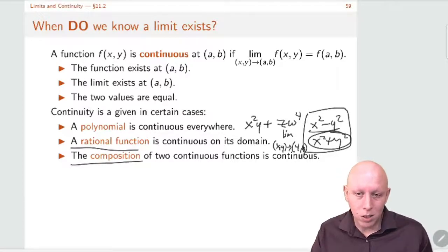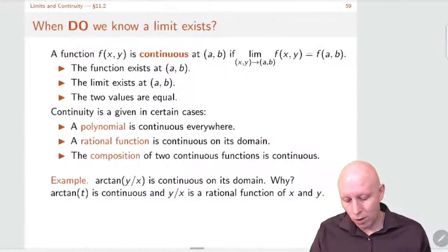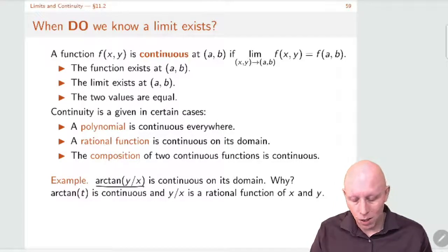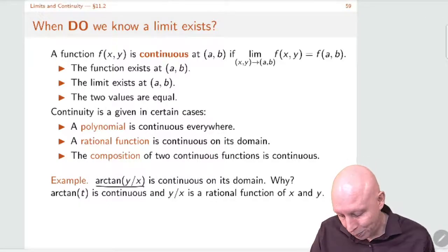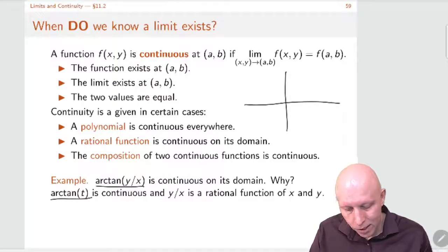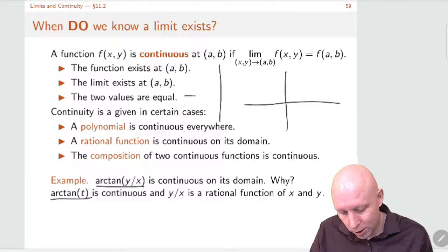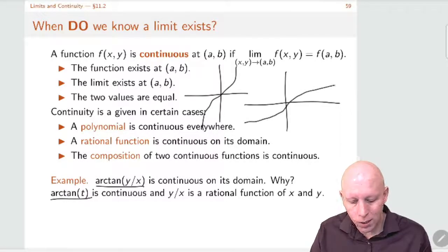And then the composition of two functions is also continuous. The composition of two continuous functions is continuous. So for example, if we look at arctan of y over x, we're going to say it's continuous on its domain. First thing, arctan. Arctan is the inverse tangent function. The tangent function looks like this. The arctangent looks like this.